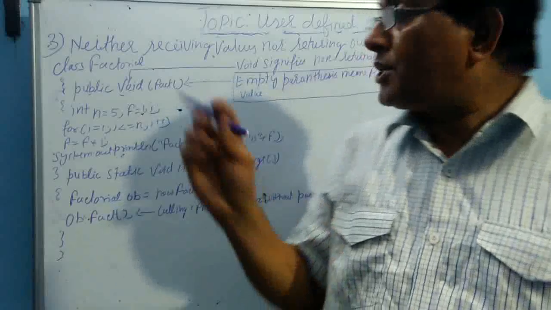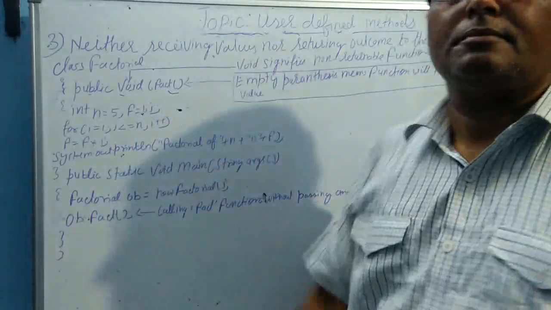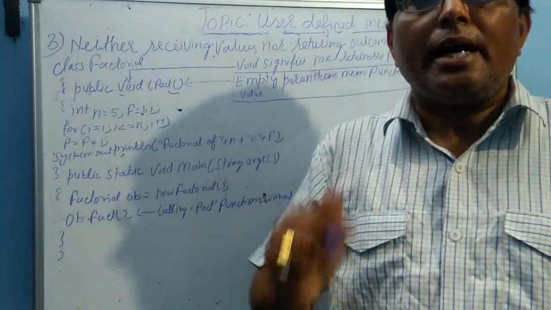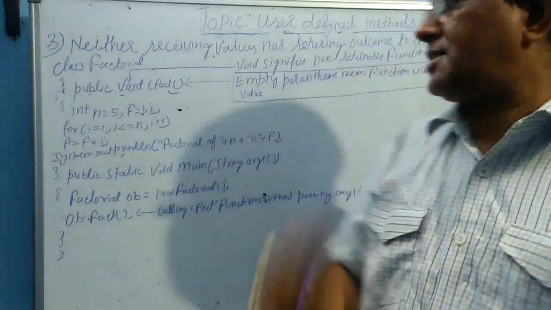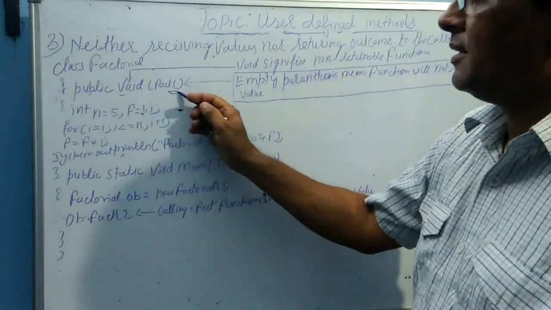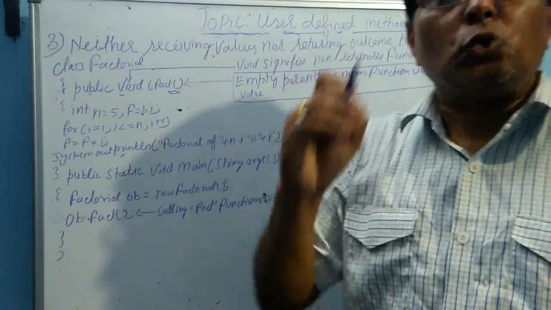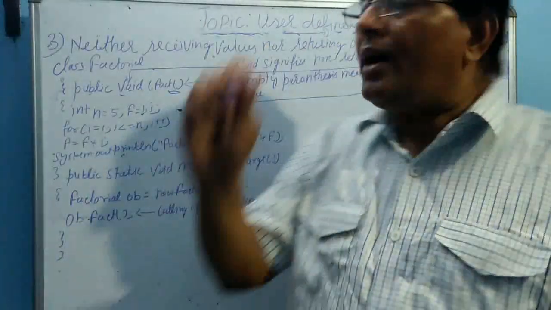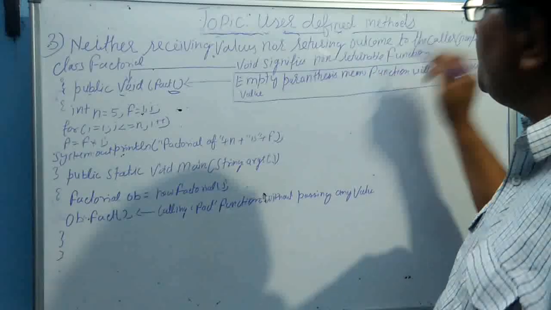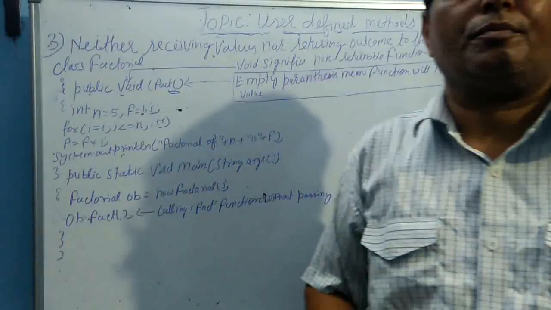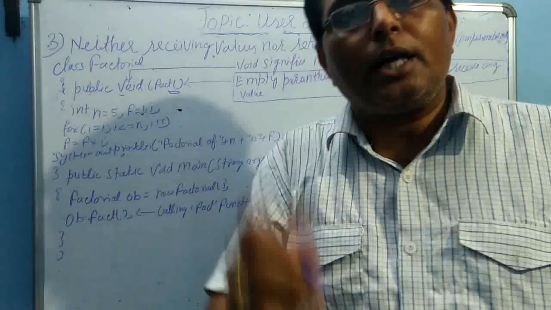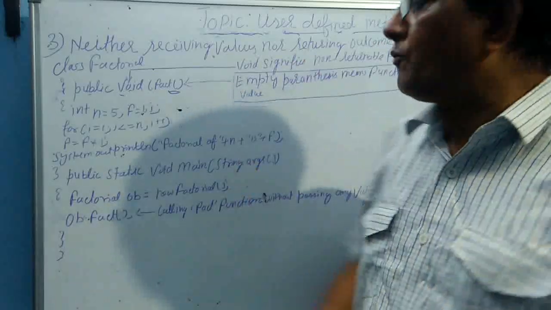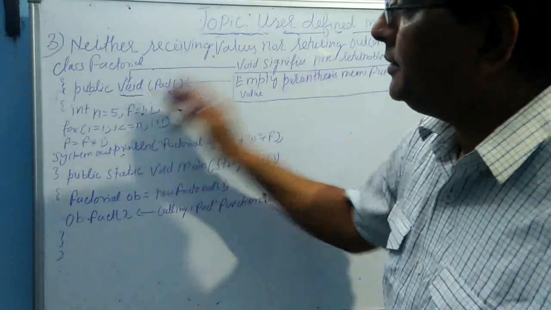The fact function has empty parentheses. Clear? This shows that the method will not receive any value from the caller.